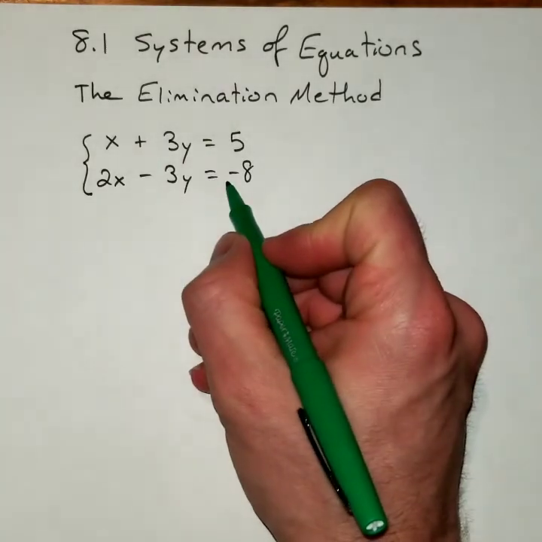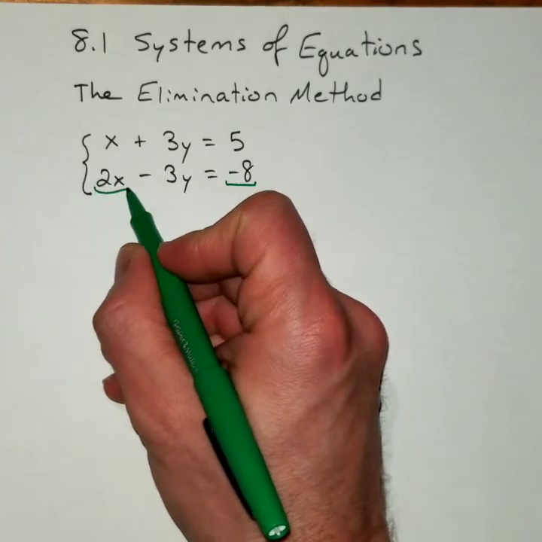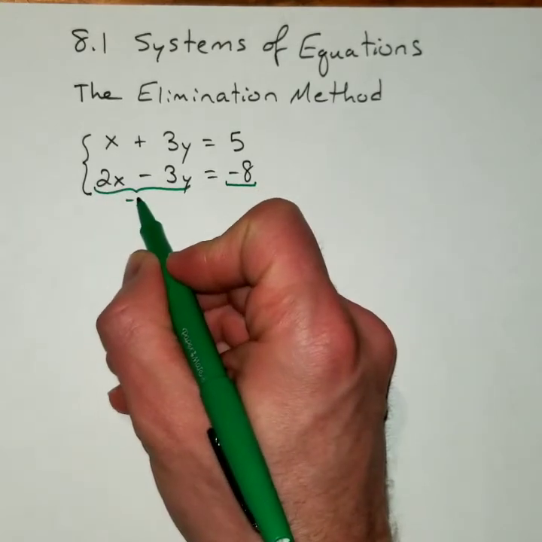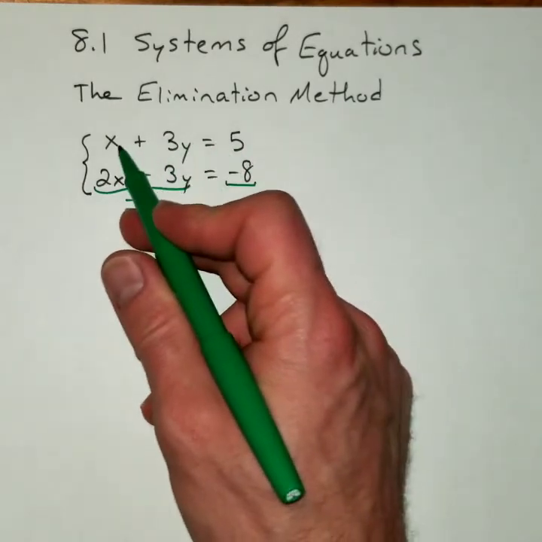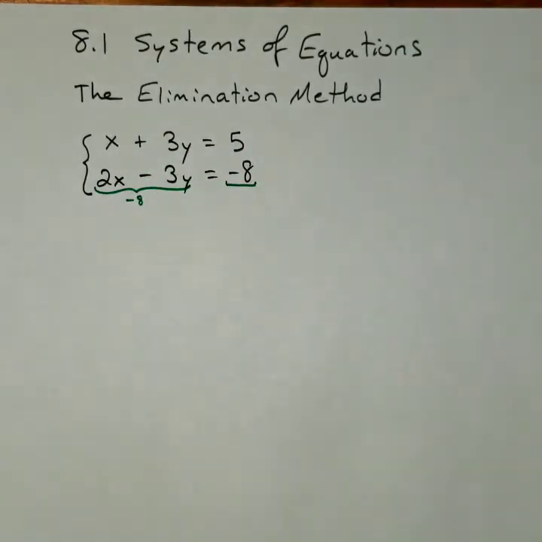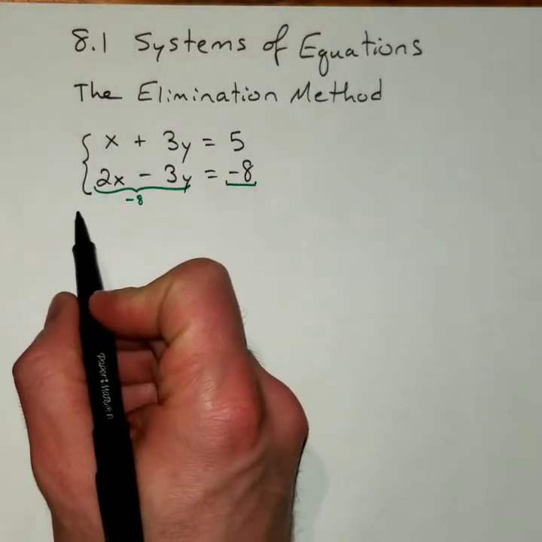Okay? So here's a -8, that's one copy, and here's the other -8. That whole thing is equal to -8. So essentially I'm adding -8 to both sides of the first equation. Now when I do that, you think about it that way.